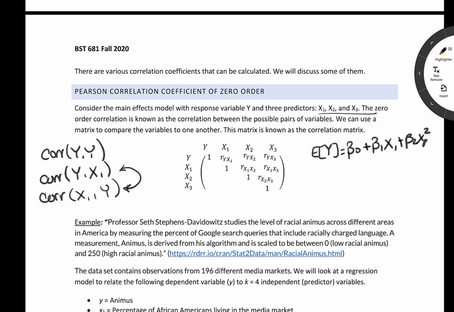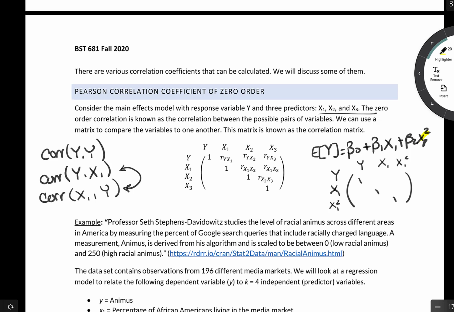Well, we could do the same thing and set up a correlation matrix, except what we would be comparing would be y, x1, and x1 squared. And of course along the top we'd have y, x1, x1 squared, and then we could look at our correlation matrix. So this idea isn't only for the main effects model.